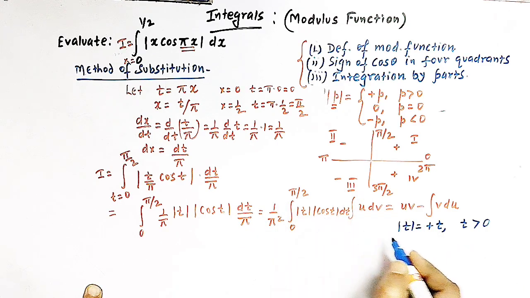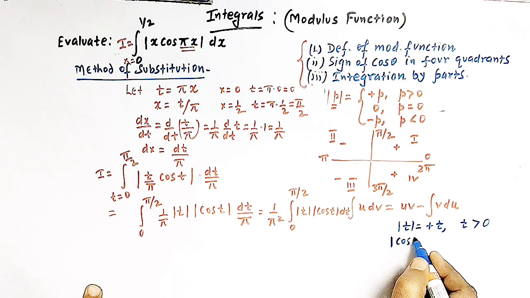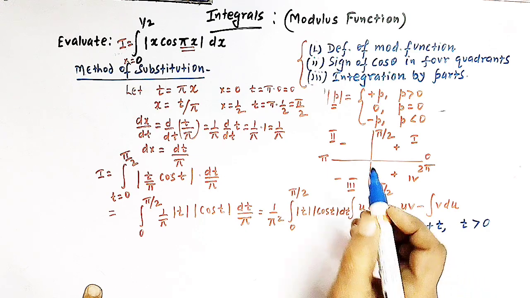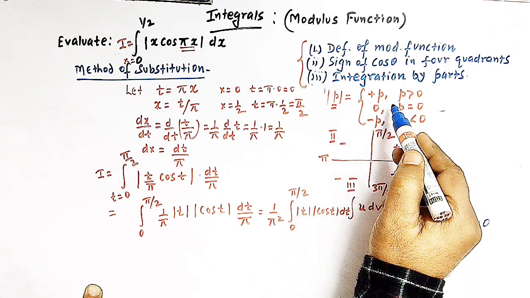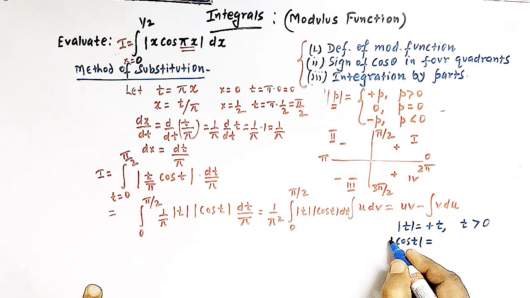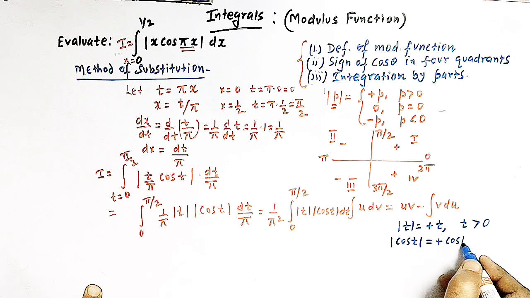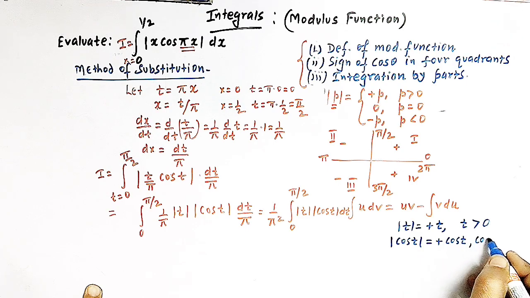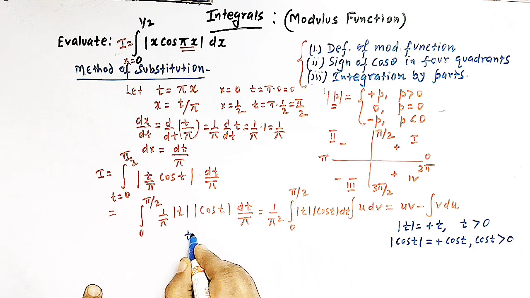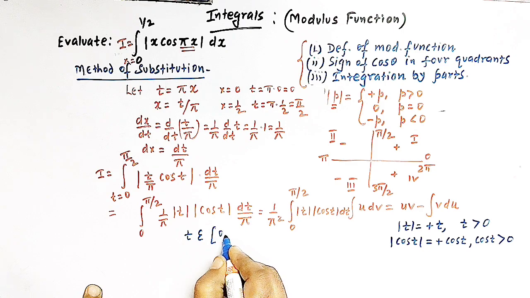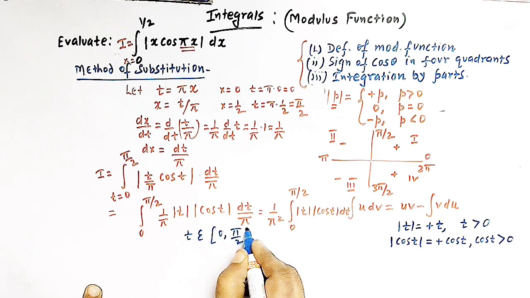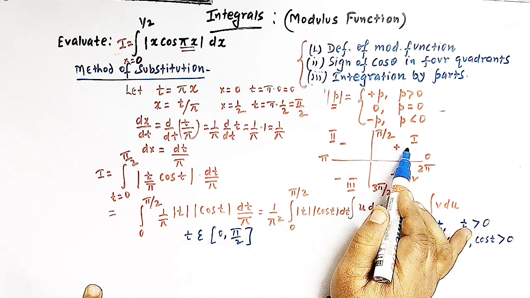And here we have a mod of cos of t, and mod of cos of t can be written with the help of this definition. So we can now write mod of cosine t as positive cos t whenever cos of t is greater than 0. And see here t belongs to the interval 0 to pi by 2, so we are in the first quadrant.